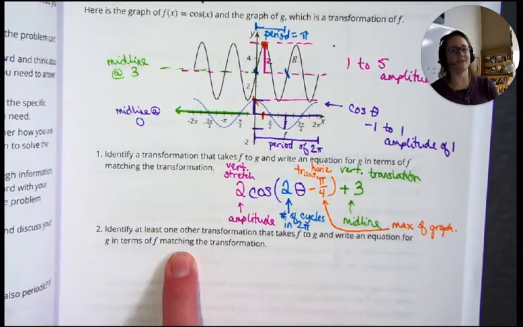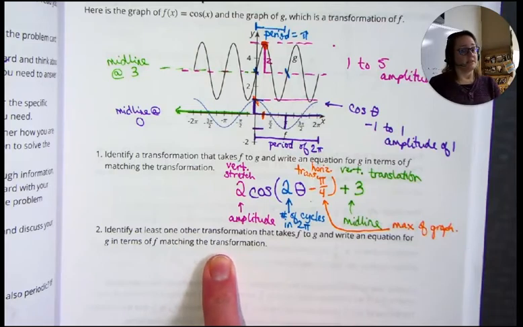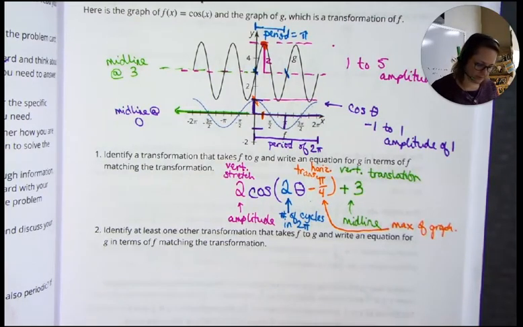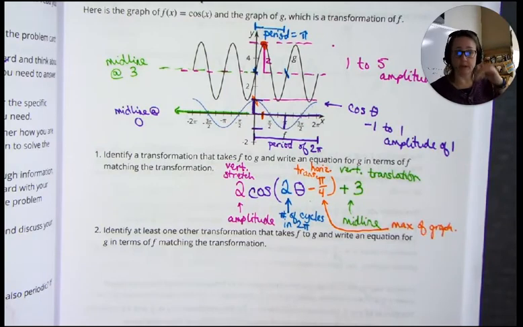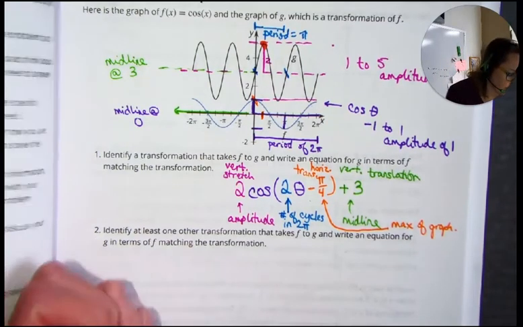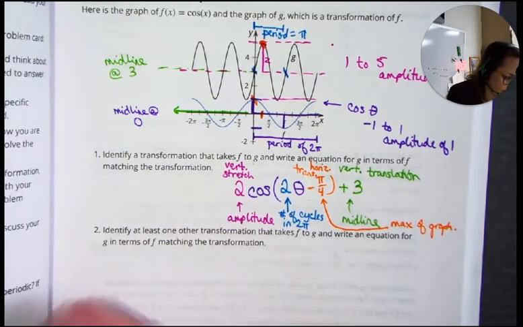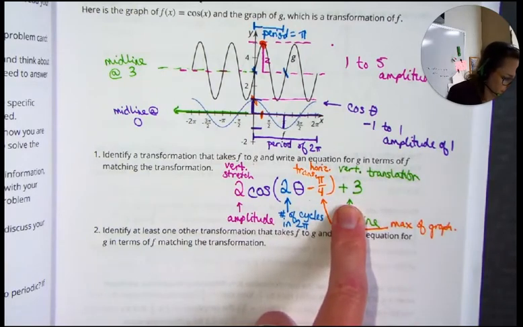Now it tells me to identify at least one other transformation that's happening. Another way that we could go about it, because there's an infinite number of equations we could write that would actually match this, because it's repeating again and again. So I'm going to take a faster way to think about this. Here was our new function, and we wrote an entire equation for it.